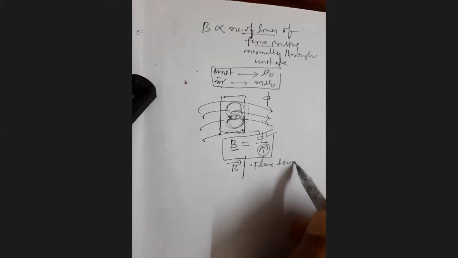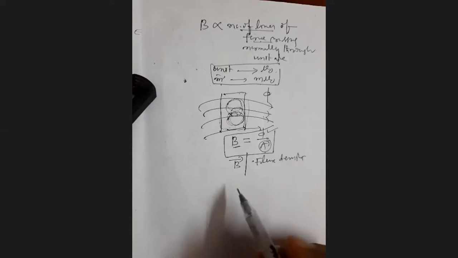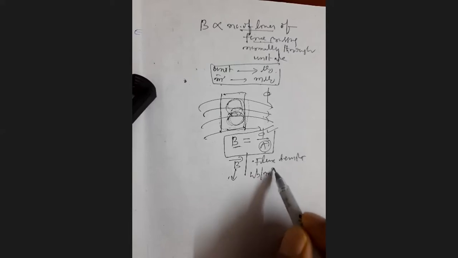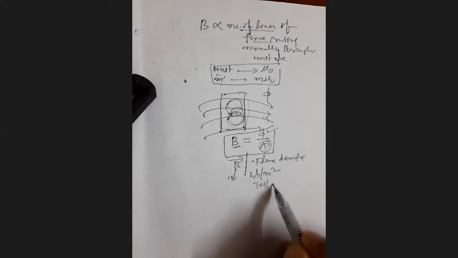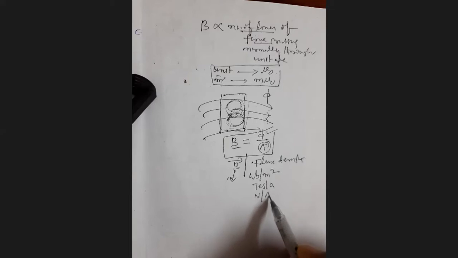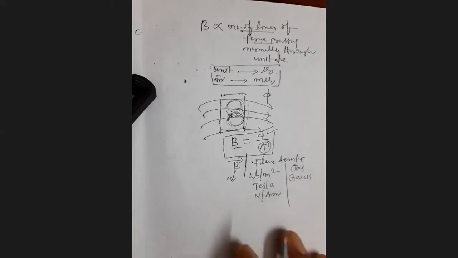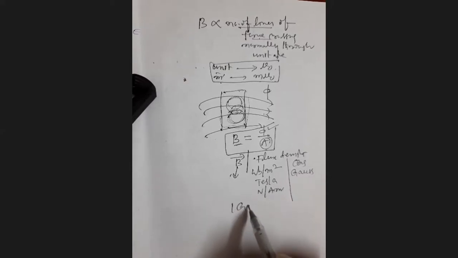Flux density, right? So here B bar, the SI units of B bar are Weber per meter square, Tesla, and Newton per ampere meter. The CGS unit is Gauss. 1 Gauss is equal to 10 power minus 4 Tesla.